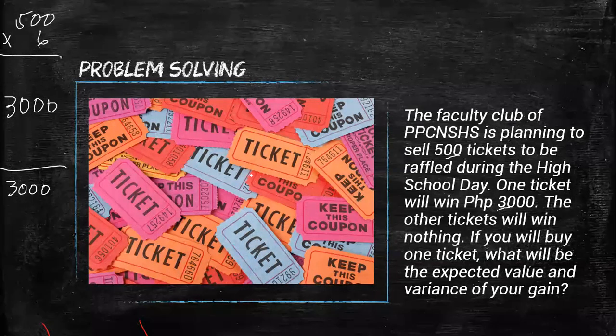Ngayon class, katulad ng sinasabi ko, dito na papasok si business. Ito really enrichment lang to. Na make sure pag nagbebenta ng ticket, number 1, hindi siya ganun kabigat sa bibili ng ticket.